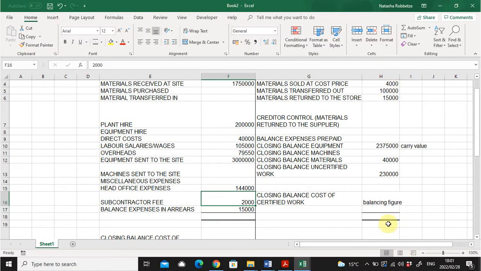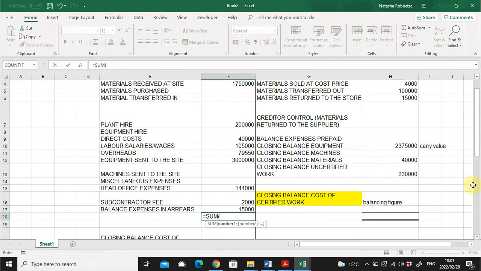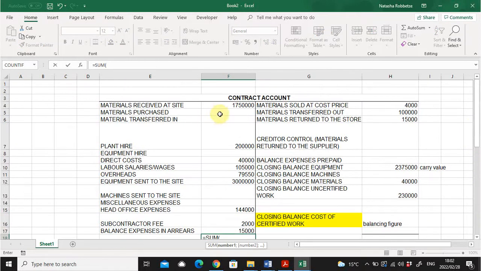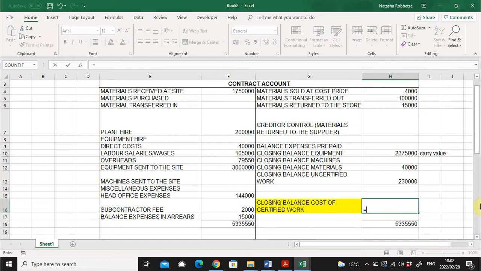So I'm going to just calculate the total here on the debit side, and then we need to calculate the balancing figure, which is the cost of the certified work. The cost of the certified work will always be your balancing figure. So let's get to the sum of everything on the debit side. And that should then be equal to the credit side. And now we need to go and find our balancing figure here by the yellow amount.